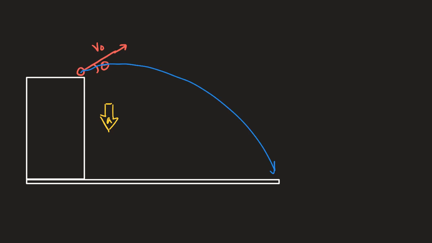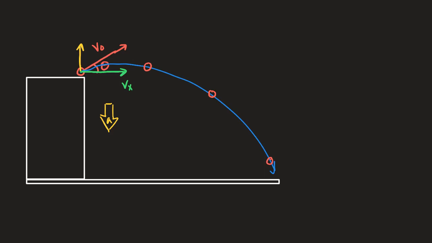All right. So we launched the object. The moment it's launched, it has 2 velocities. It has a velocity in the y direction and a velocity in the x direction. It's important to note that the object is going to appear at many places during its motion.